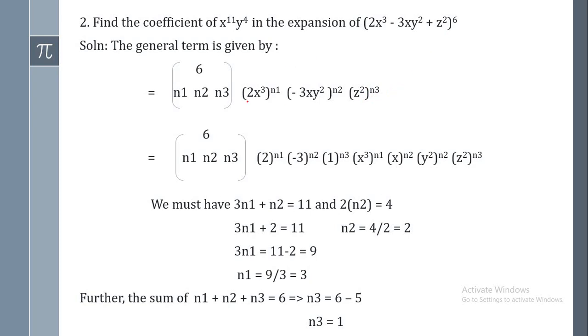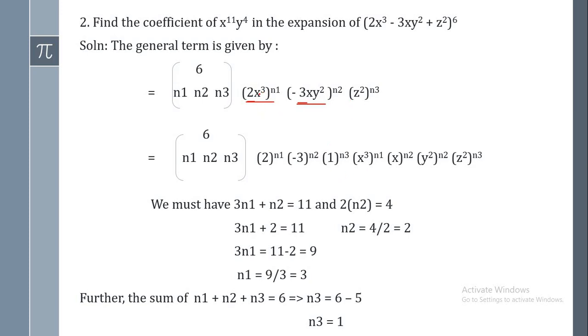Again we are splitting the terms, the constant terms to one side and variable terms to another side. So this term will become 2 power n1, this term will become minus 3 power n2, and since the coefficient of z is 1, we will write 1 power n3.